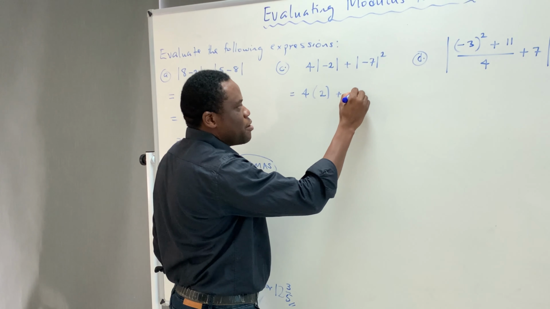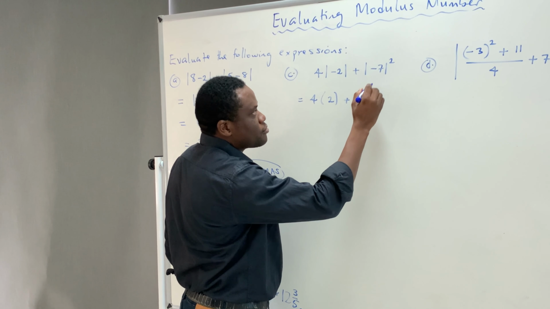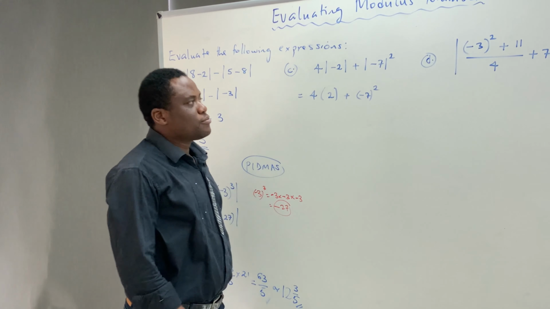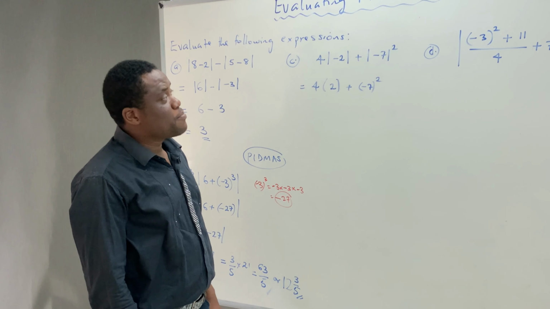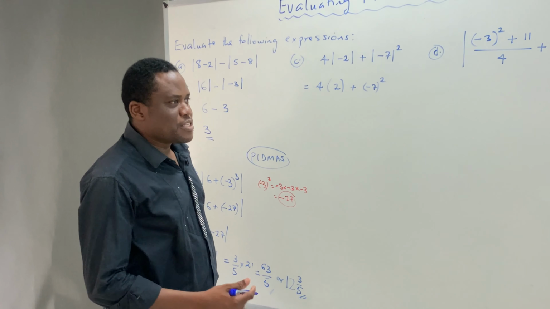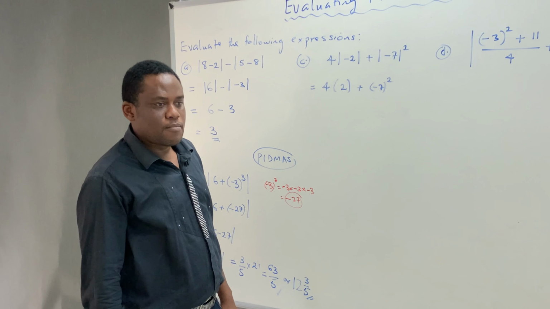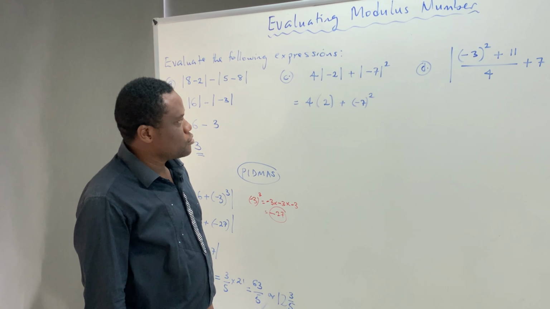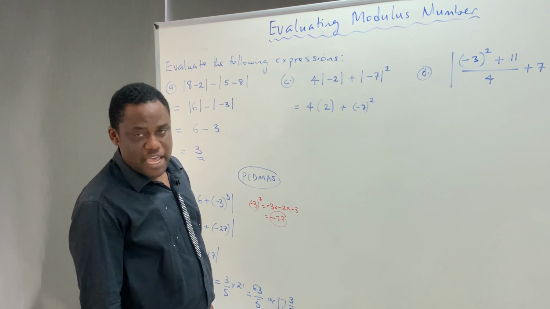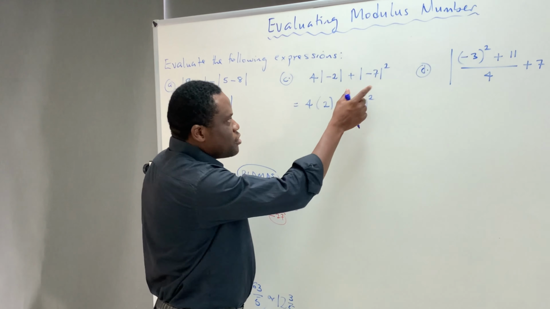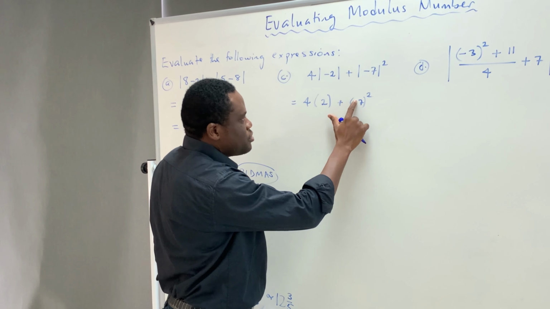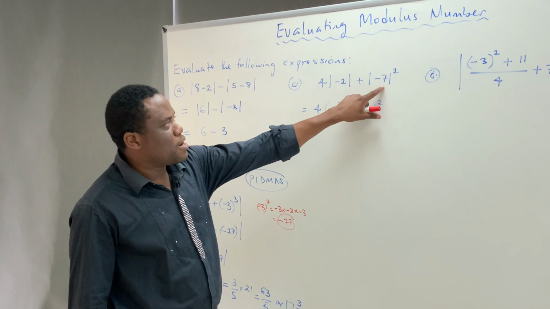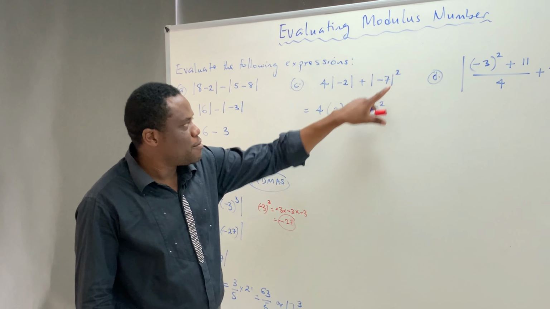So this is like minus 7 squared. This is very important. Minus 7 squared is what? By the way, this is absolute, so it should be the absolute value of minus 7, which is 7, and put the square.